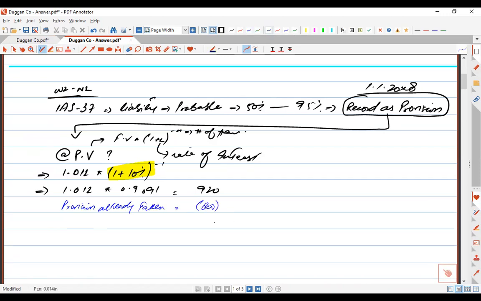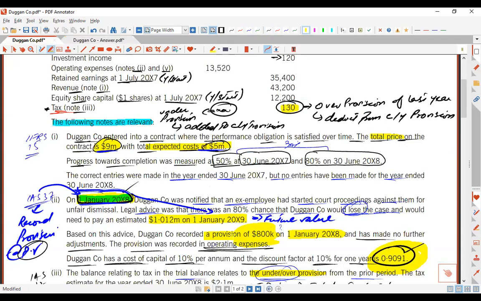And further provision to be adjusted, a further adjustment of 120 is required. One more thing, they just provided the initial amount of 800,000 and have not made a further adjustment.